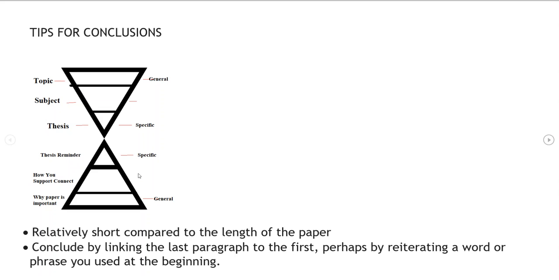But you might want to start to see how point A and point B connect to each other, or how point A, B, and C connect to each other to reiterate or build up to your thesis statement. So your first sentence, you're giving me that this is what the paper was about. The next sentence or 2, you're reminding me of why that is the case.